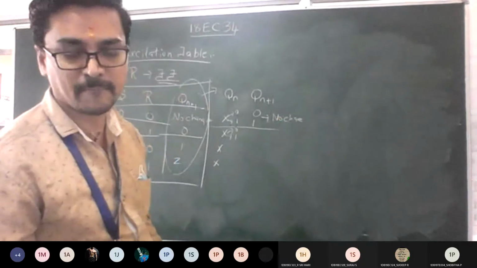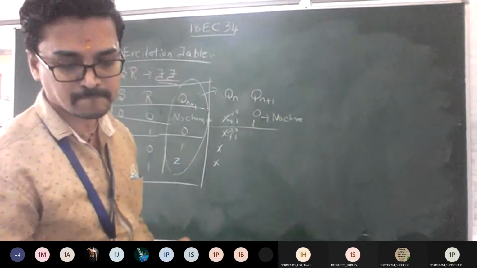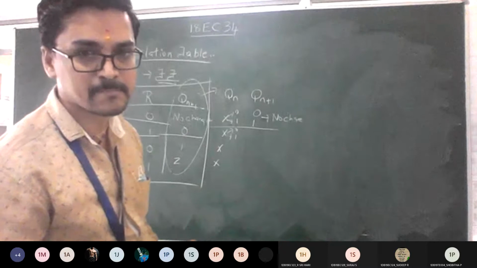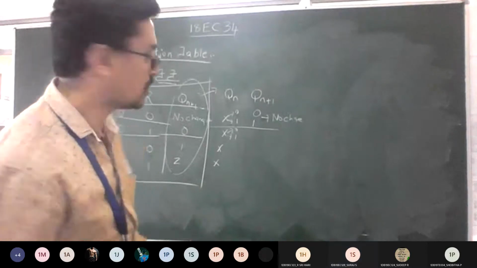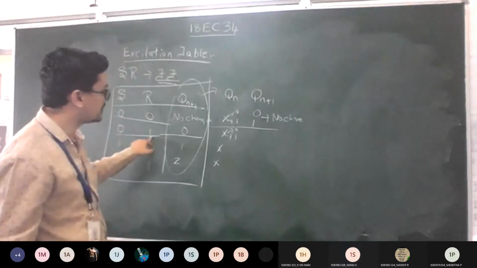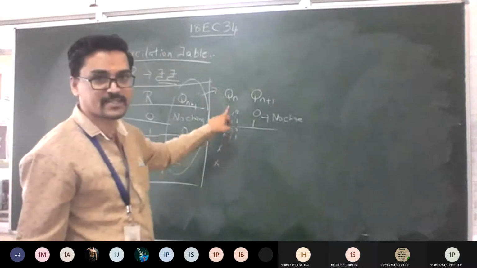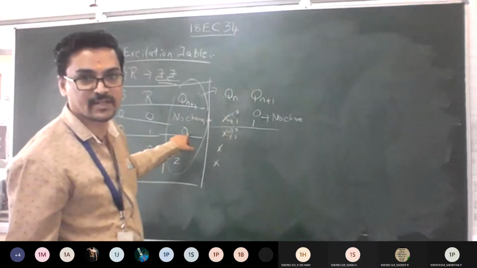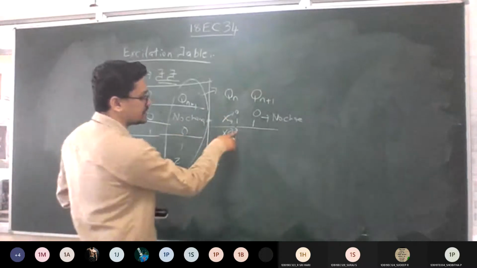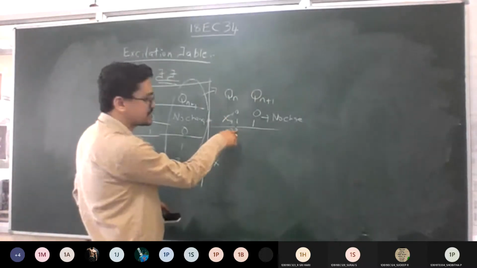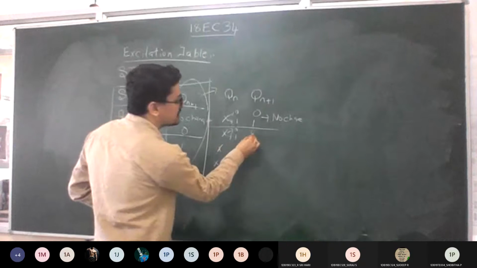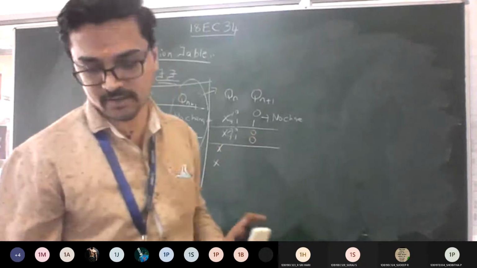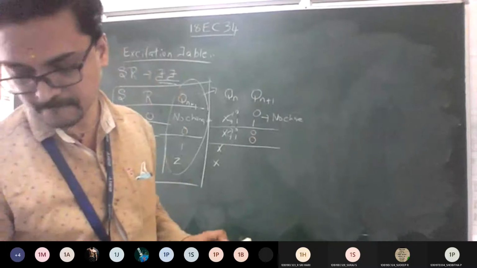Understood? Shall I proceed? Okay, now coming to the 0, 1 condition, whatever your present state, the output is 0 only. That is your next category. Whether I give the don't care condition as 0 or 1, it remains 0 only. Understood or not?